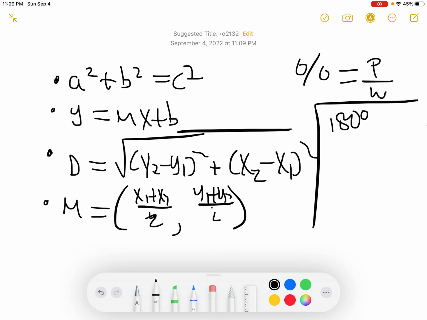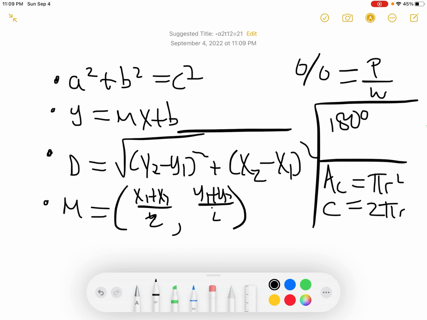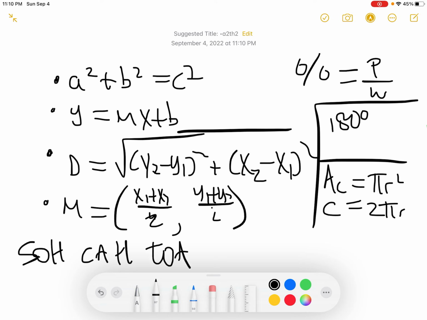And I would know that the area of a circle is pi r squared, and the circumference of a circle is 2 pi r, not to get those mixed up. And I would definitely know SOHCAHTOA. The other things I talked about aren't super common, but you should still try to remember them. But these are the most common things. That's it.